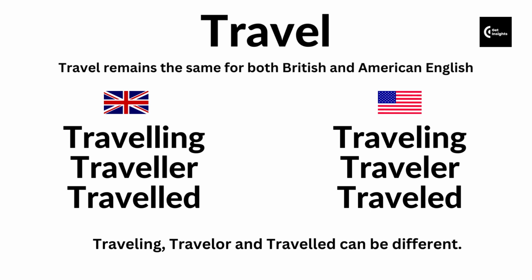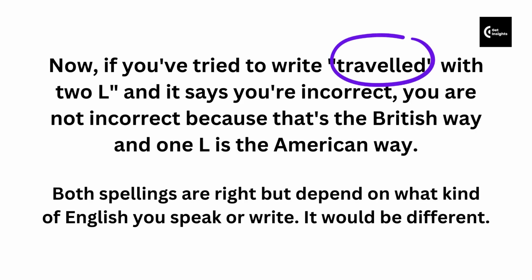Travel remains the same for both British and American English. Traveling, traveler, and traveled can be different. Now, if you've tried to write traveled with 2 L's and it says you're incorrect, you are not incorrect because that's the British way and 1 L is the American way. Both spellings are right, but depend on what kind of English you speak or write.